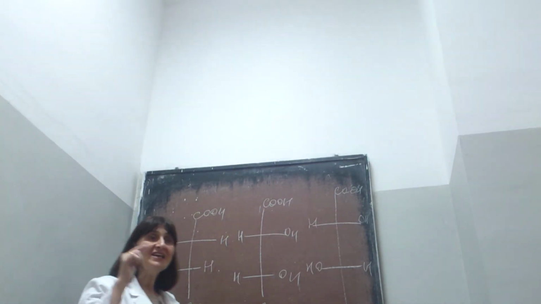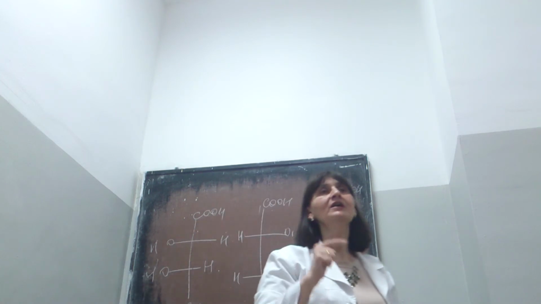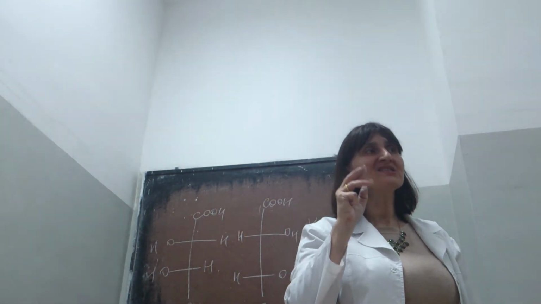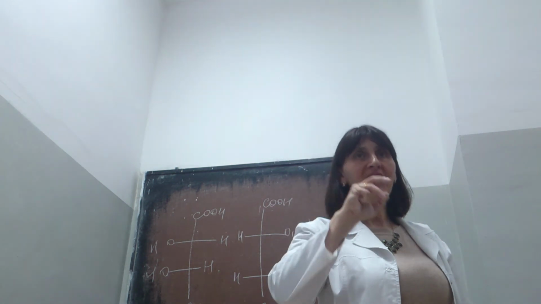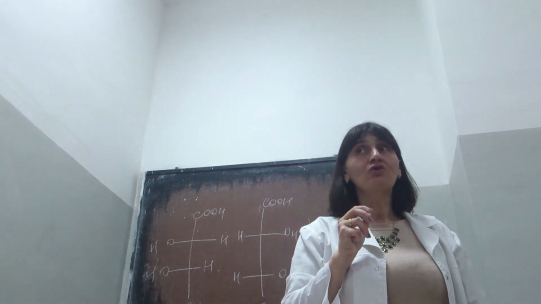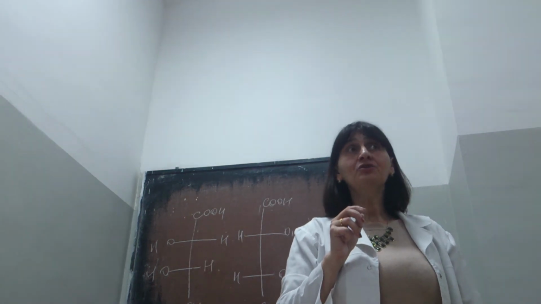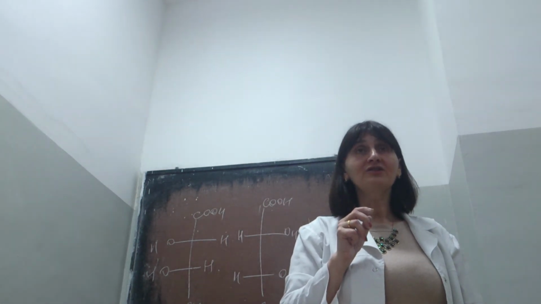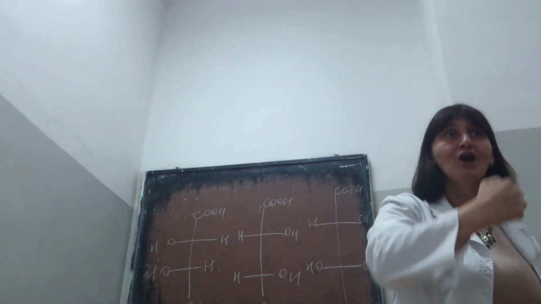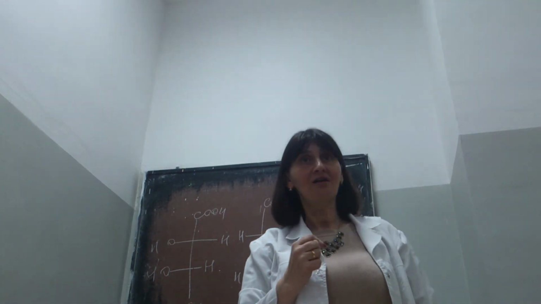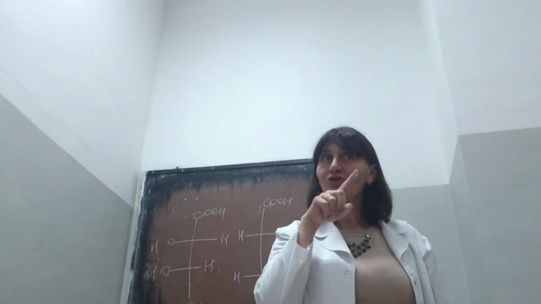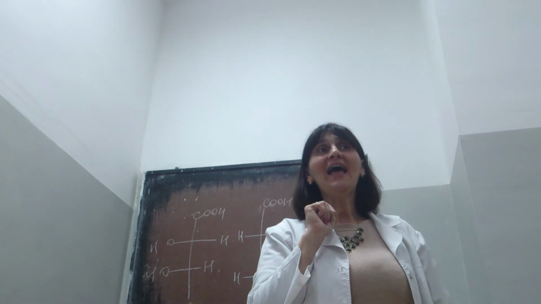So in the Cahn-Ingold-Prelog system, the first rule is to determine which group has higher priority and which group has lower priority. After that, you look at how your priority decreases. If your priority decreases clockwise, you have R configuration. If the priority decreases anti-clockwise, you have S configuration.